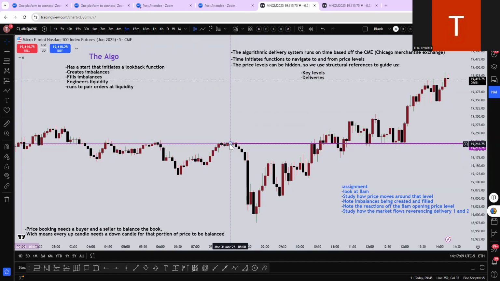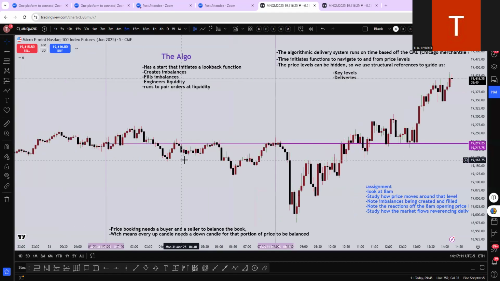Then at this point, we need to see what's happened in the previous range or previous start time. So 2 a.m. in the morning and 8 a.m. are ones that we're going to be focusing on a lot and going into it a lot deeper.